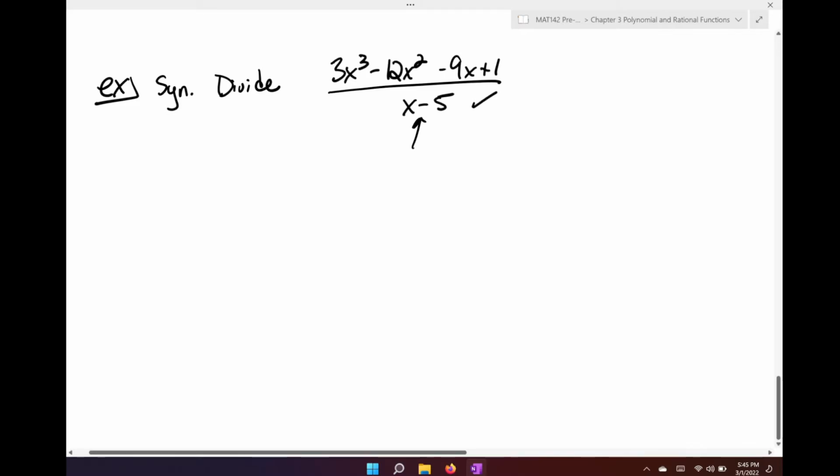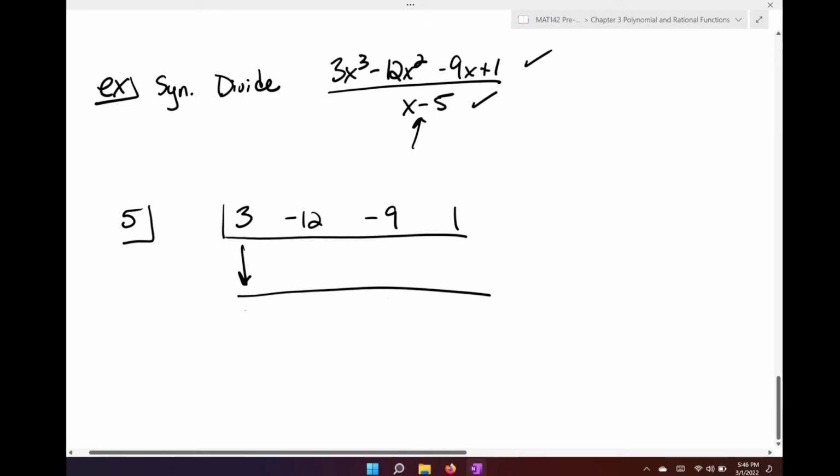Check. Second, look at the numerator, p of x. It's in descending order with no missing terms. Check. So all I'm going to do here is write 5. And then in my next box, write a 3, negative 12, negative 9, 1.